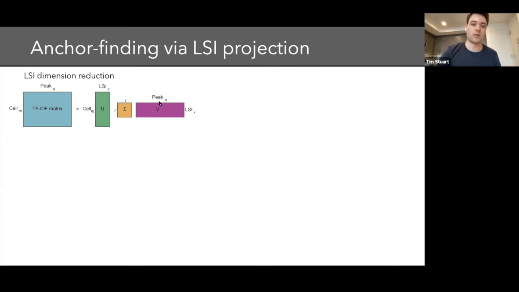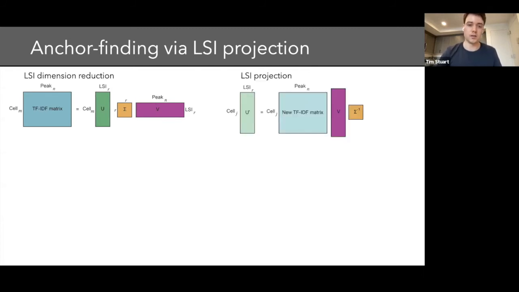And these are really useful as well because we can actually use these matrices to project a new data set into the same low dimensional space. So here, for example, if we have a new TF-IDF matrix from a separate data set, we can project that data set into the same space as our original data set using these other matrices.